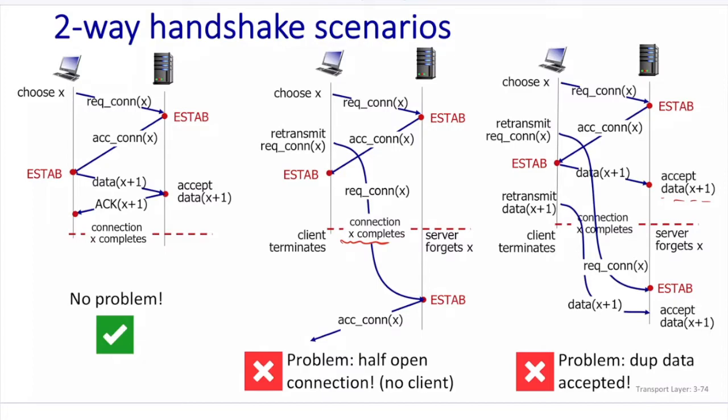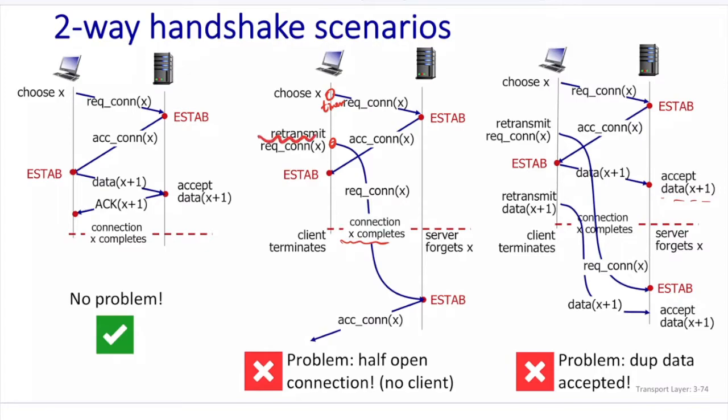Okay, on the left-hand side, we agree to use parameter x to communicate with each other. So at this moment, we can send data and ack. That is okay. But in the middle, let's see, there is a timer, right?